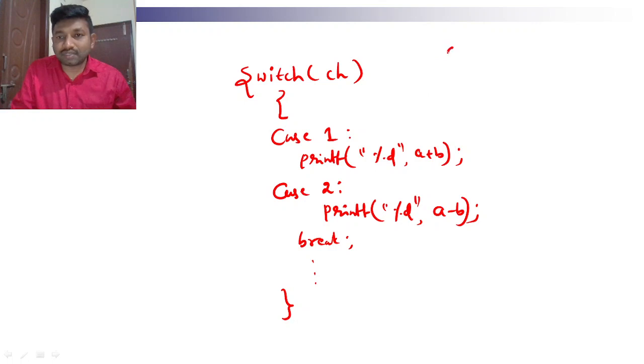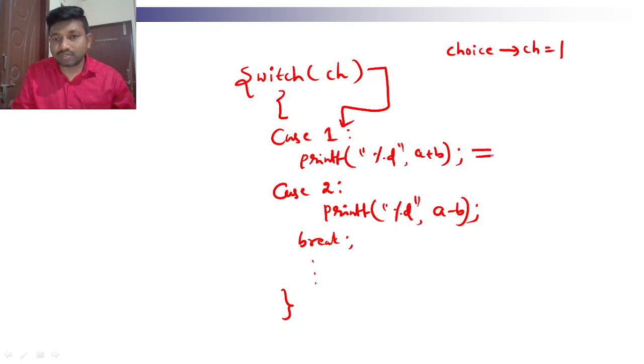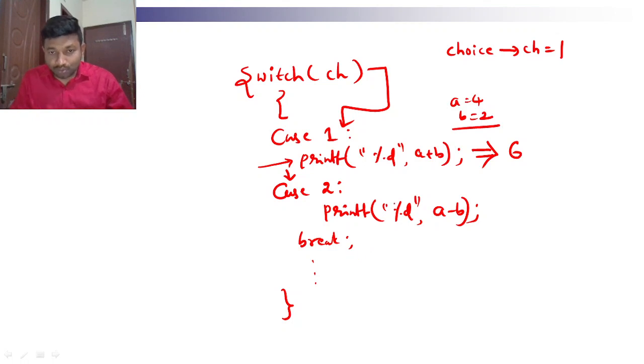If the choice, that is ch, is equal to 1, what happens? It will come to case 1 and execute. If you have already scanned the a and b values, let a be 4 and b be 2, then you will get 6 here. And then after printing this statement, the control continues to execute the rest of the cases also. Why? Because break is missing here.